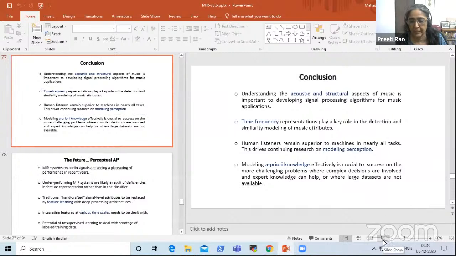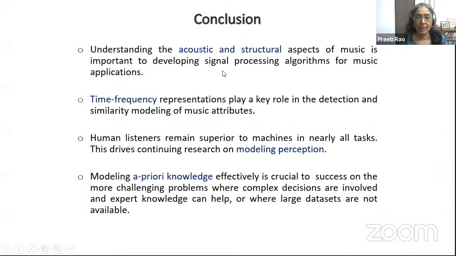Okay, that brings me to my next slide here. Okay, so I hope I achieved what I set out to try to do, to give you a glimpse of the kind of MIR work that's possible, and of course you only touch the surface.